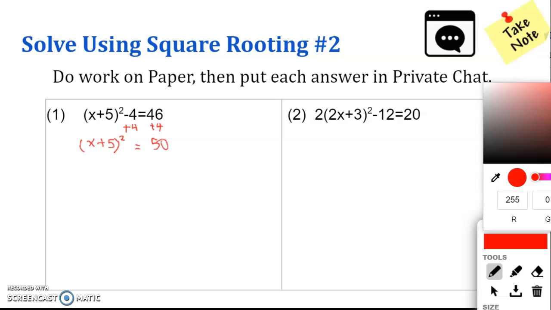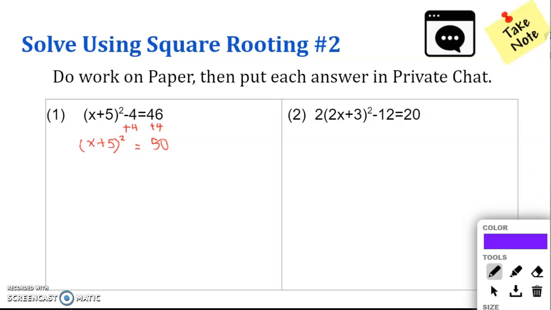Okay, now from here, I need to take square root of both sides. Remember, when I take square root of both sides, I need to leave a plus or minus sign on the side with just the number. So the square and square rooting cancel each other out, and you're left with x plus 5 on the left hand side of the equal sign. That is equal to plus or minus square root of 50.